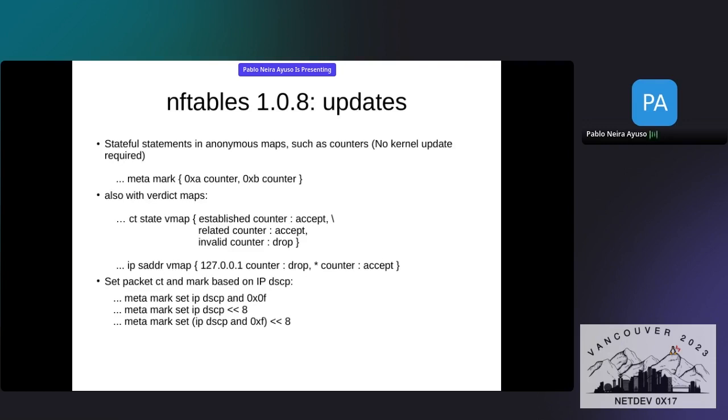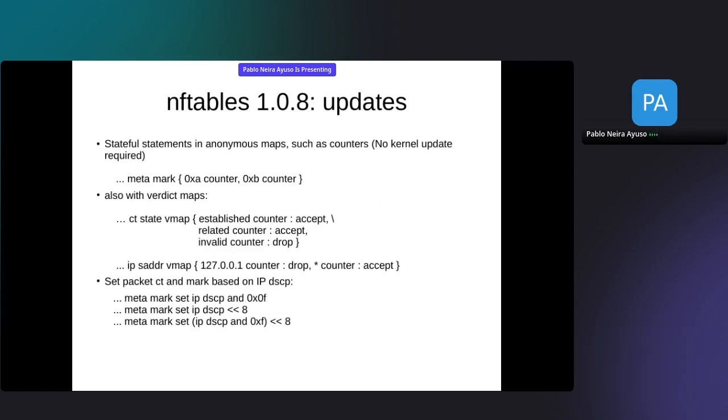Also, a quite common idiom used at the start of rule sets is this one, when you use connection tracking, which, as I said, is quite common. In this case, this is a ct state match to match on the state, and you can use a vmap, and again use this counter expression to match on the corresponding ct state.